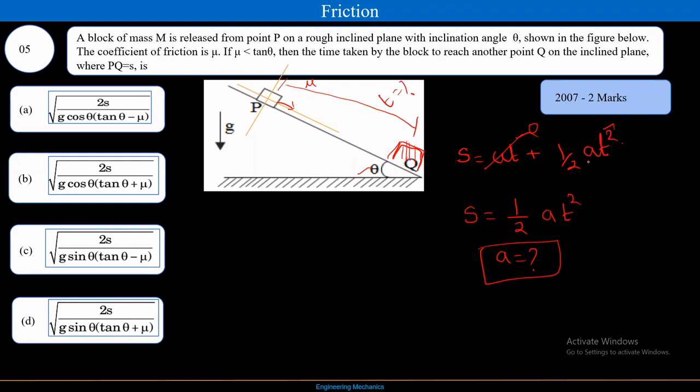I will draw two lines, one horizontal to the block and one perpendicular to the block. I have my weight mg in the downward direction. Resolving it, this component is mg sin theta, and this one is mg cos theta.